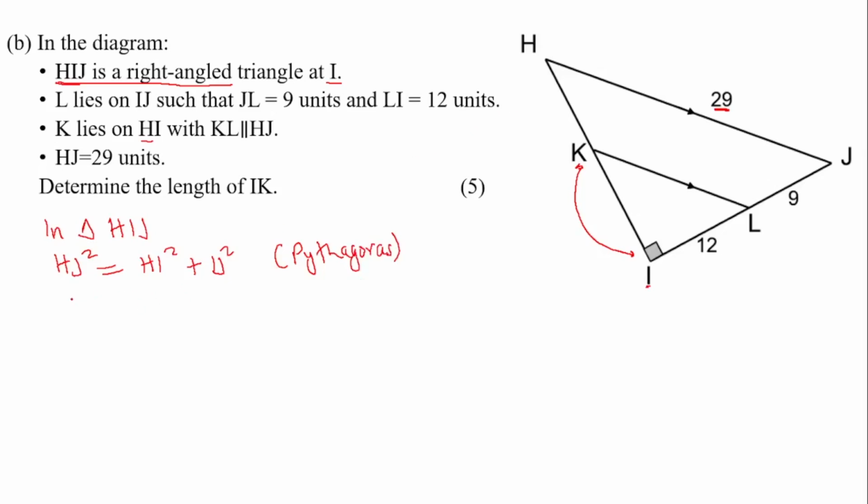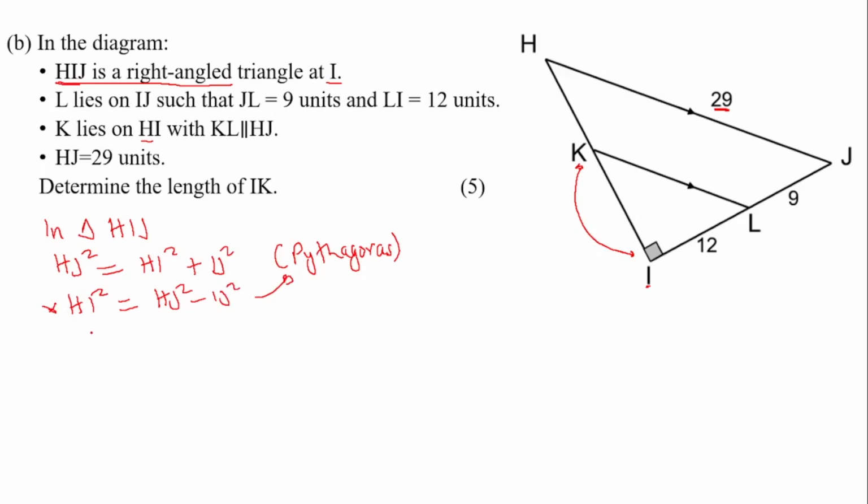We want to find HI. So we can start by saying HI squared is equal to HJ squared minus IJ squared. You can do that also, it's still fine. And then you write the reason, Pythagoras. So you can start with this, right?